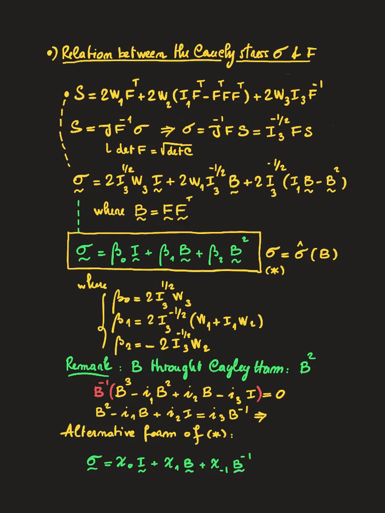Okay, so you see we have essentially two expressions in which the Cauchy stress depends on the state of deformation in the current configuration. This is fully general, the functions beta 0, beta 1, beta 2 in this case depend on the energy. Also in this case the functions chi0, chi1, chi minus 1 also depend on the energy. But it is interesting to see that sigma is in a certain sense a combination of these three tensors. And this holds for all isotropic and hyperelastic materials.